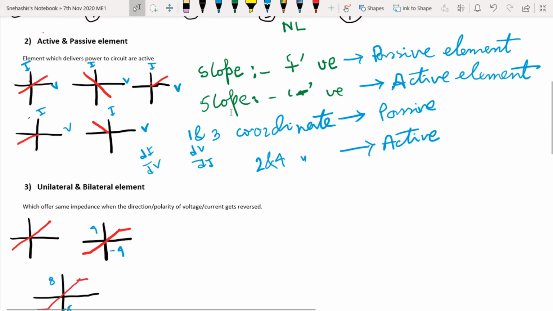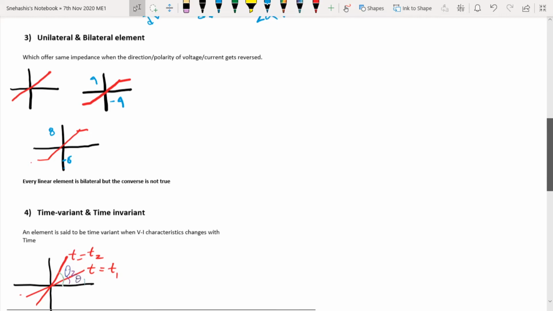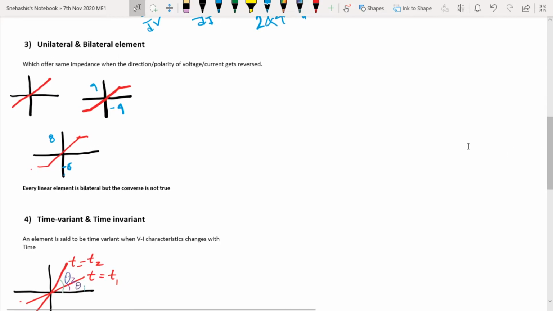Okay. Next we will be dealing with unilateral and bilateral element. According to the definition, which element offer same impedance when direction or polarity of voltage or current gets reversed. So let's discuss about a diode circuit. Suppose it is connected to one battery.